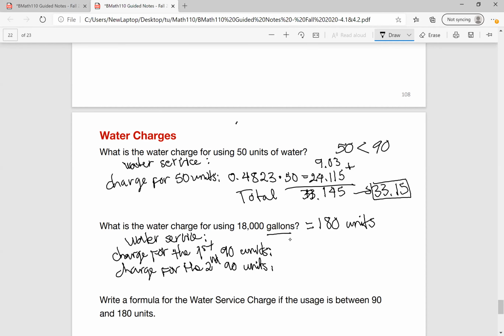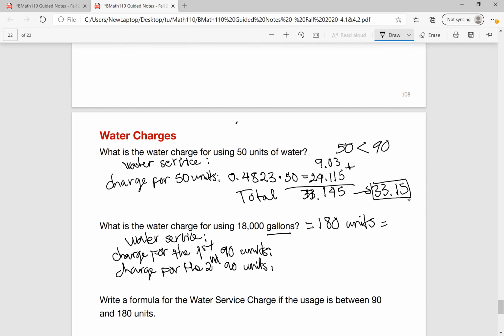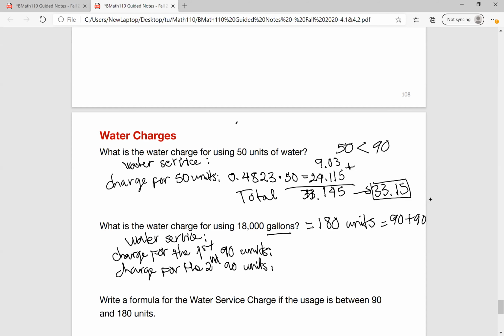So 180 units will be equal to 90 plus 90. So you need only the first and the second rates.